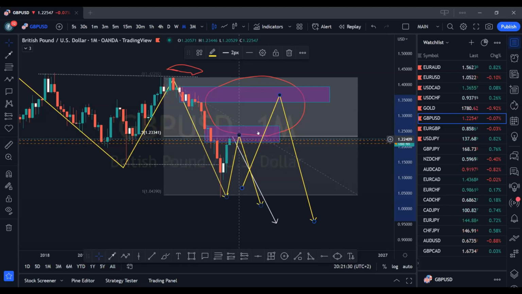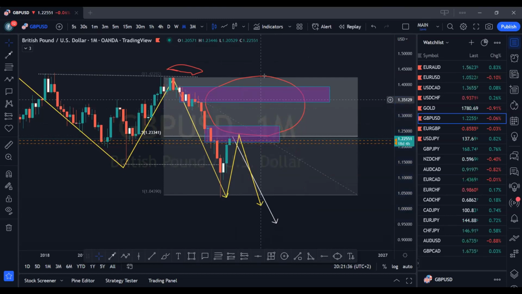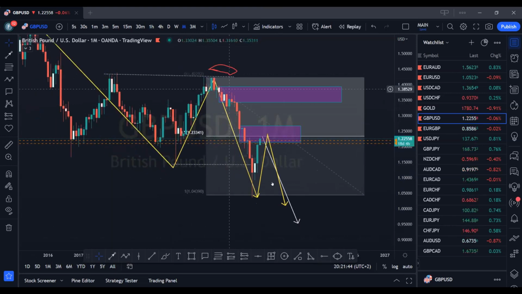And on a macro level, fundamentals have a lot to play regarding how price is going to move. What we are looking at right now is just technical analysis. We are not considering the fundamentals, and that also has a huge role to play regarding where price should move.